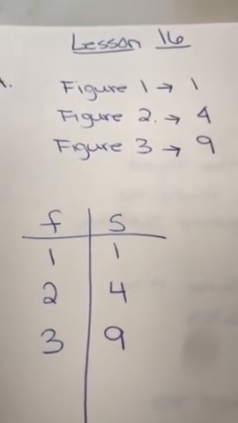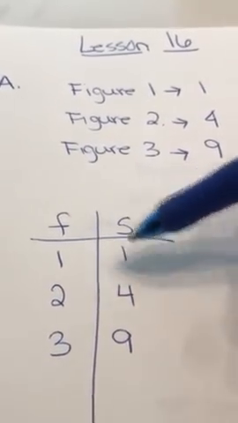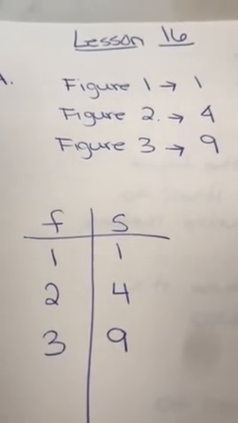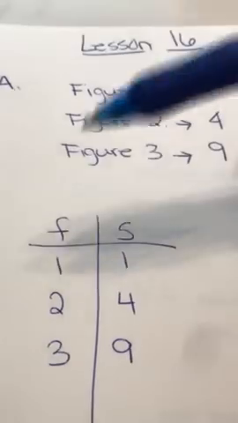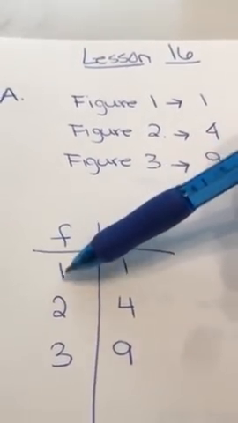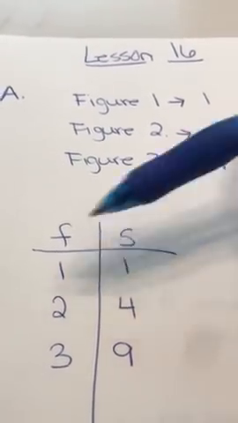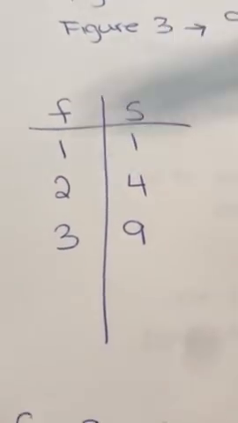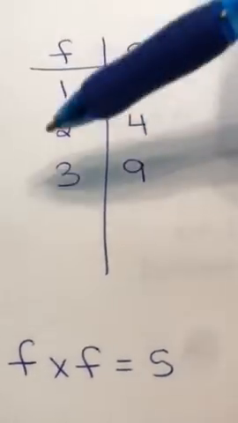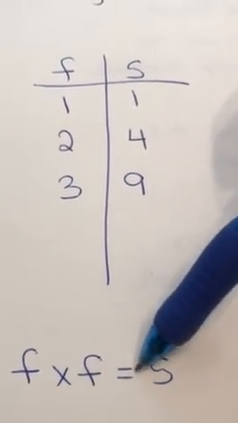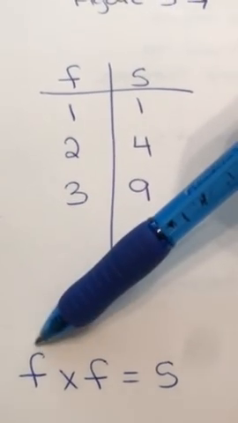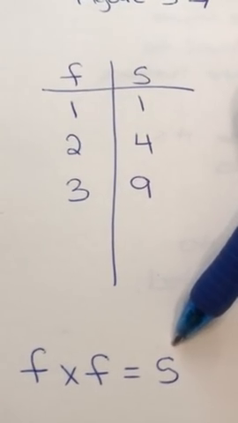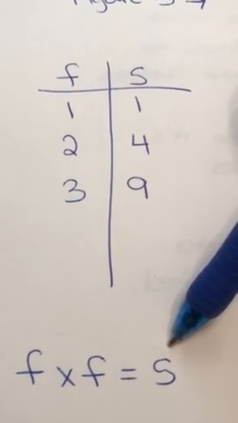So I'm going to give you just a second to think about what could be going on between F and S. Okay, if you were thinking that F is timesing it by itself to get S, you would be correct. So for C, it's going to ask you, what do you see? The rule here is going to be F times F equals S. So you are timesing the figure by itself, its number, to get the number of small squares. Okay, that's going to be under C, the relationship.